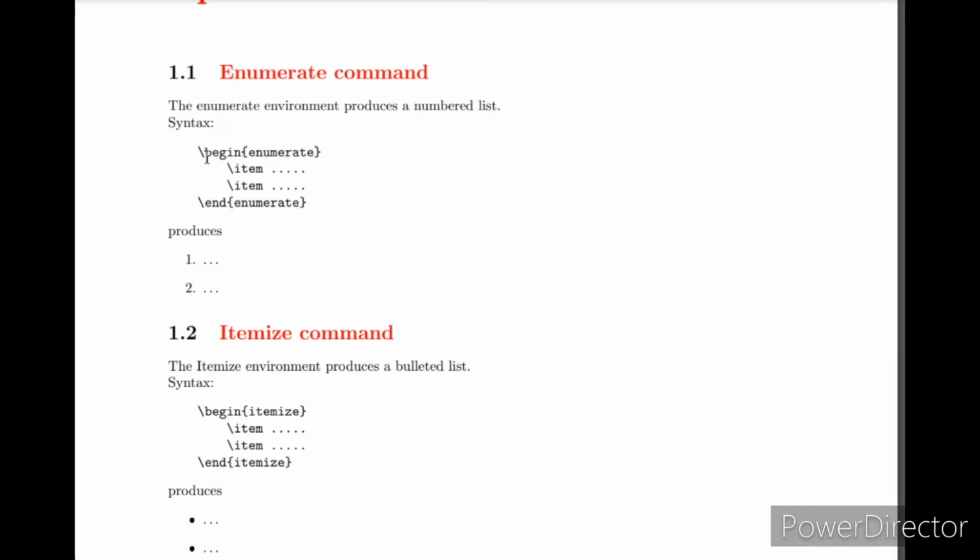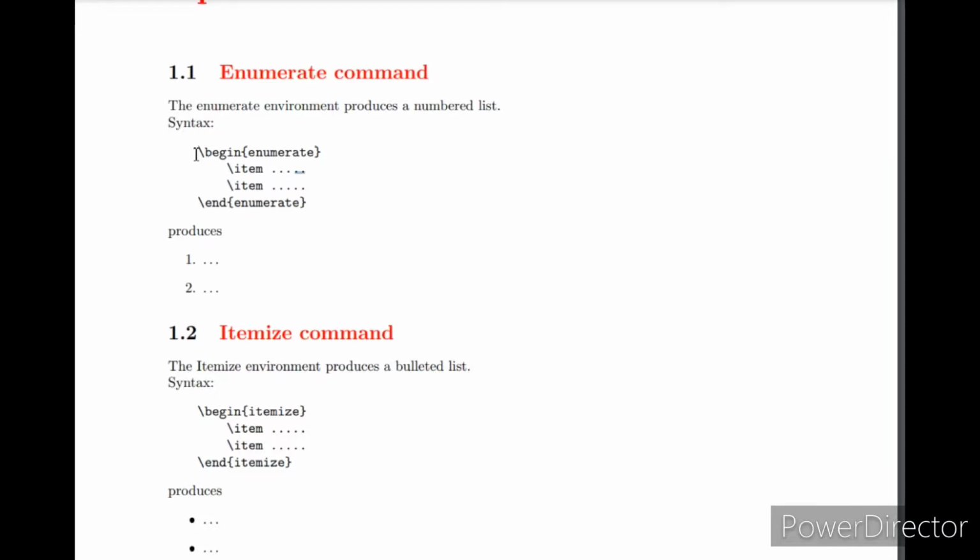If you use backslash begin, you always use backslash everywhere. Then for the enumerate command you write backslash enumerate, and in between the begin and end you write backslash item, and so on.